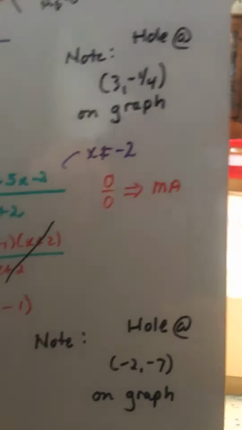Note when I plug in 3, 9, 9, 9. Yes, that's a pattern when you have a hole. Whatever the final integer is, that all of them will be. So I get 1 over 27. So note my hole is going to be 3, 1 over 27, because I did have to reduce.